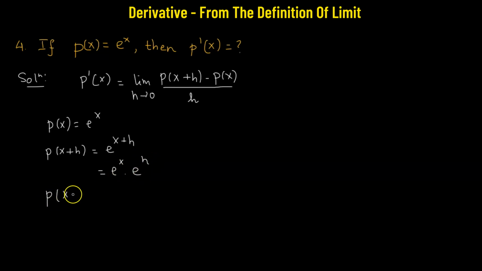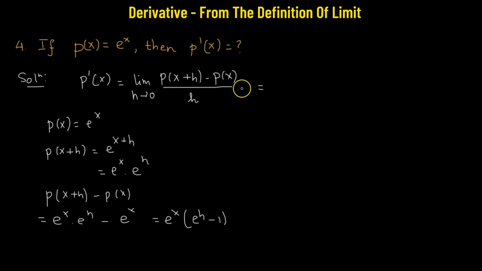Now p of x plus h minus p of x will be equal to e to the x times e to the h minus e to the x, or simply, if we take e raised to the power of x as the common factor, we have e raised to the power of h minus 1.